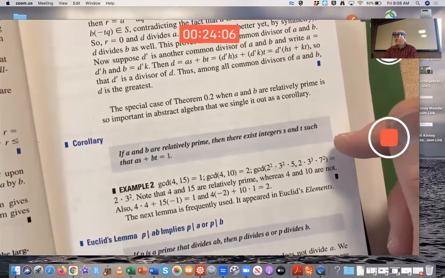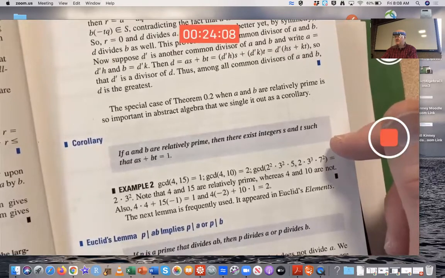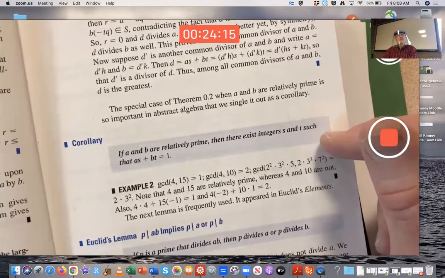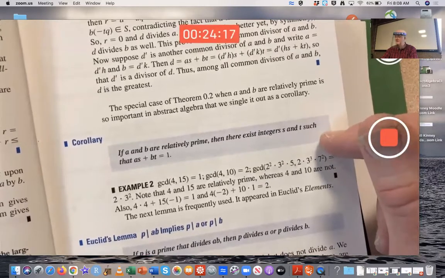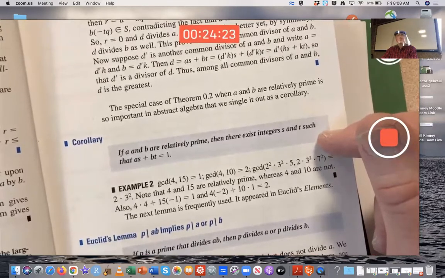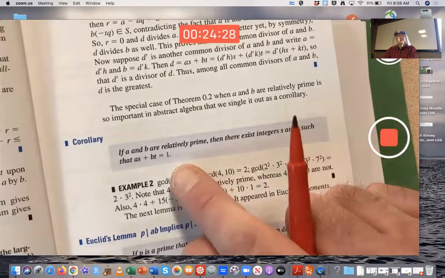If a and b are relatively prime, then there exist integers s and t such that as plus bt equals 1. Actually, that's only stated as a one-way. If a and b are relatively prime, in other words, their GCD is 1, then that's true.